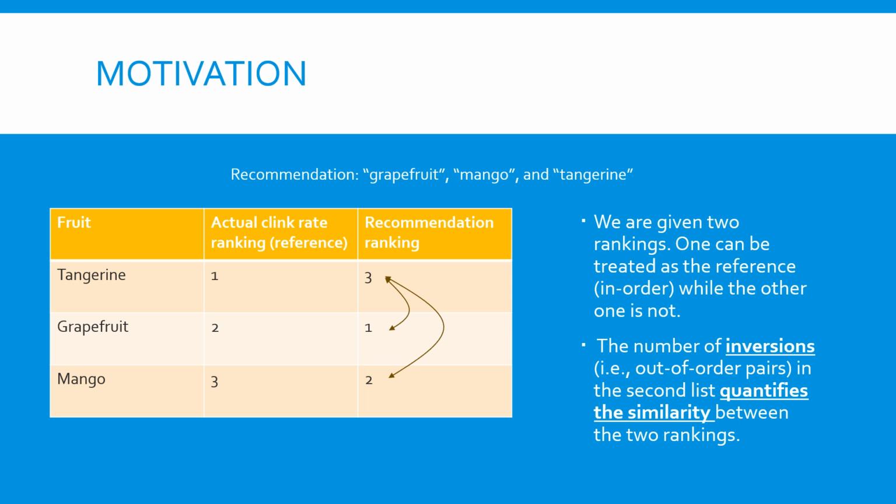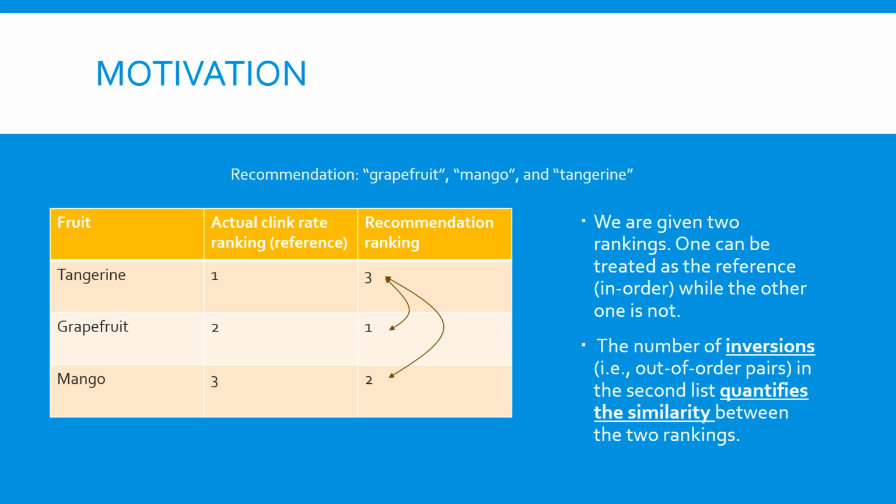For example, because the system recommended tangerine third and grapefruit first, while in the reference, tangerine is first and grapefruit is third, they form an out-of-order pair, or an inversion. Similarly, tangerine and mango also form an inversion in the recommendation ranking. Together, we have two inversions in this example.